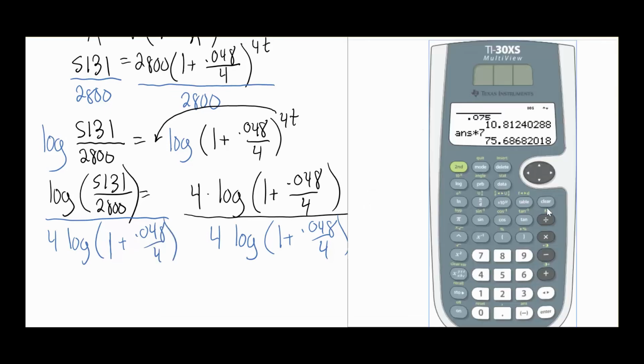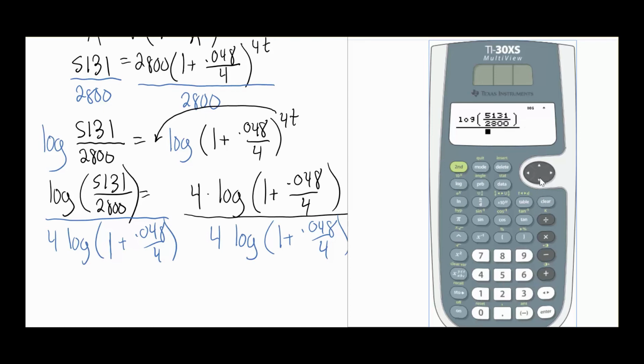Now again, if we're using the cheap calculator, this is really easy to type in. We're typing in the left-hand side because everything else went away and left us with just t. So I'm going to hit the fraction button, log, fraction button, 5131 over 2800.